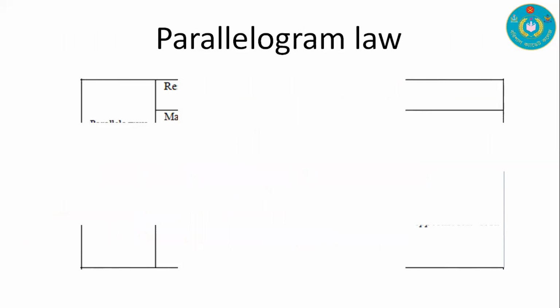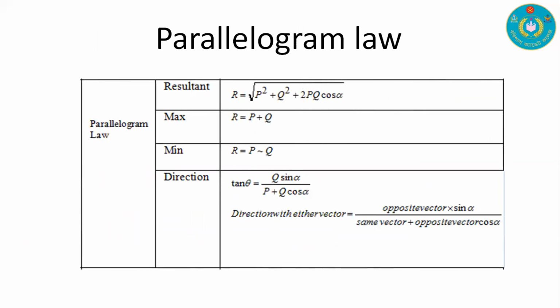Here, from the parallelogram law, we can calculate the value of the resultant, that is R is equal to root over of P square plus Q square plus 2PQ cos alpha, and the maximum value is R is equal to P plus Q, and the minimum value is R is equal to P minus Q, and the direction is tan theta is equal to Q sin alpha divided by P plus Q cos alpha.